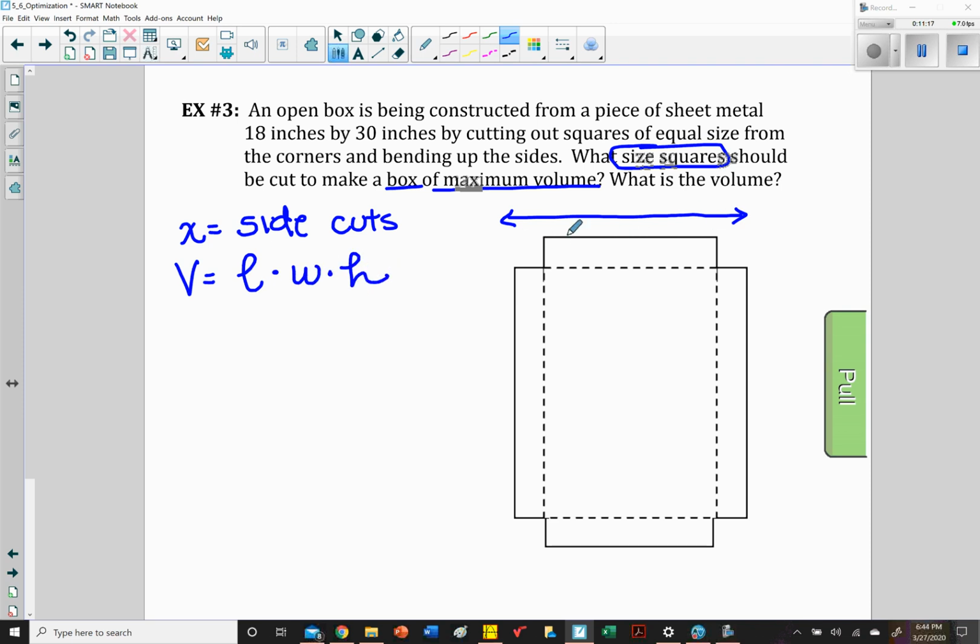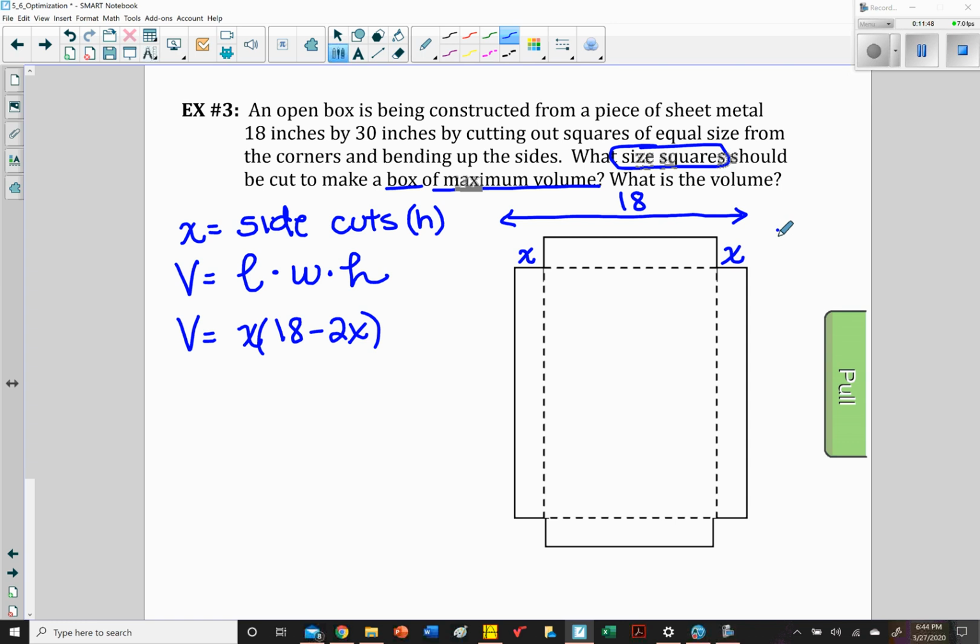And this width here, if this is 18 inches from side to side, and we cut out an X here, and we cut out an X here, then that width is 18 minus 2X. So I already know the height. The height is X. So I have a height, that's X, and a width, that's 18 minus 2X.